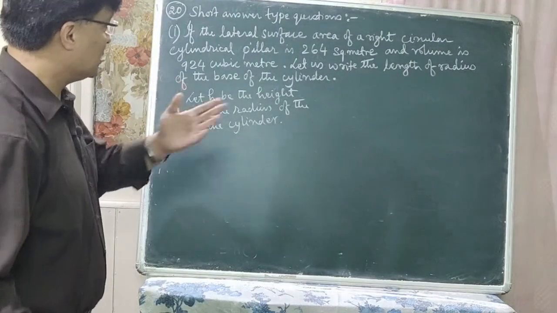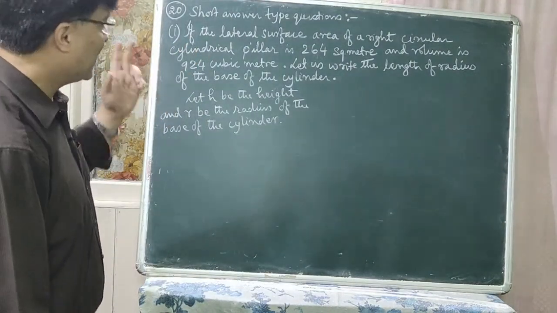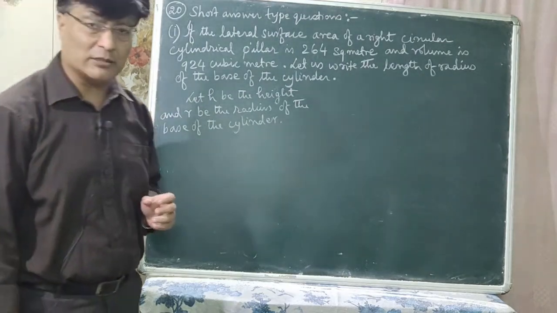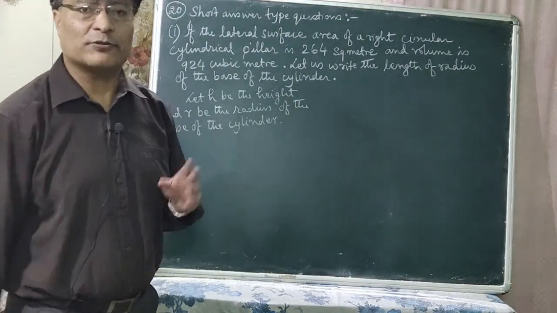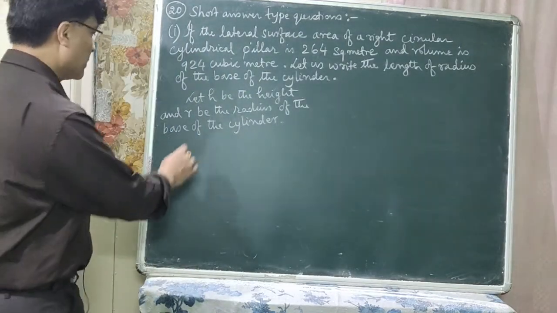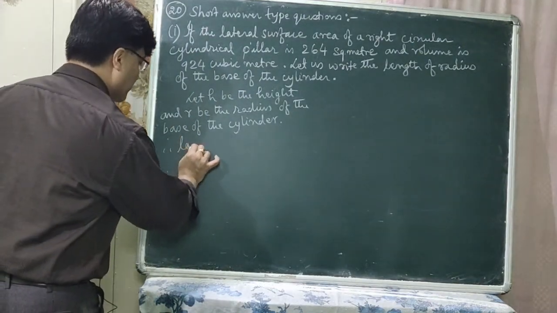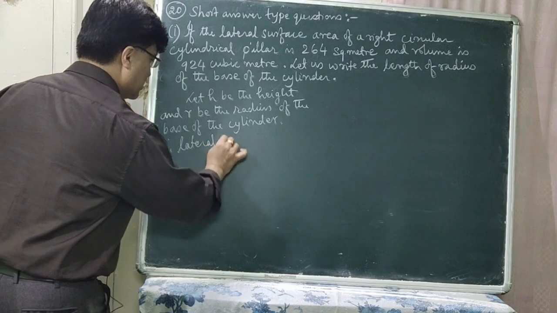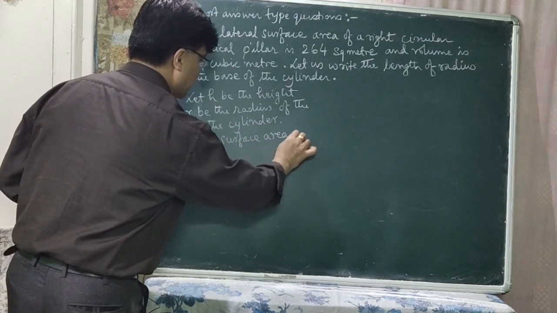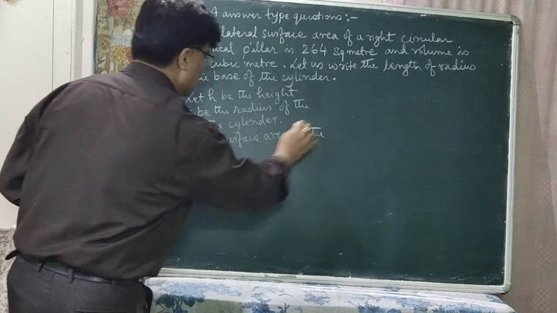So in the question it is given that the lateral surface area of the cylinder is 264 square meter. Let us first write down the formula for lateral surface area of the cylinder.